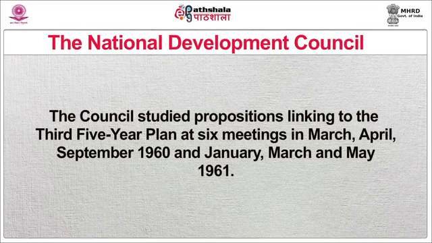The Council studied propositions relating to the third five-year plan at 6 meetings in March, April, September 1960, and March and May 1961. At the initial meetings, patterns of development, financial resources and allocations to different sectors were considered on the basis of papers circulated by the Commission.